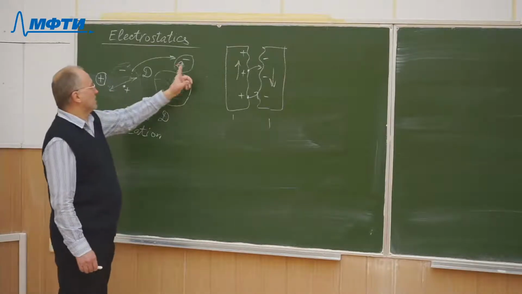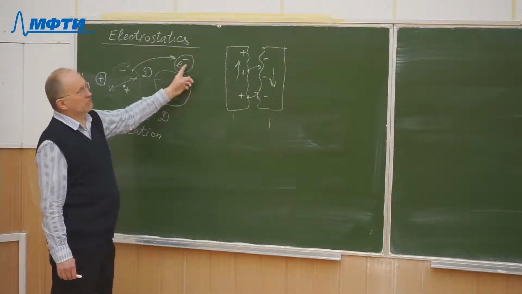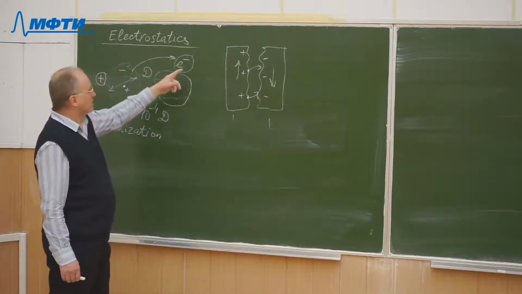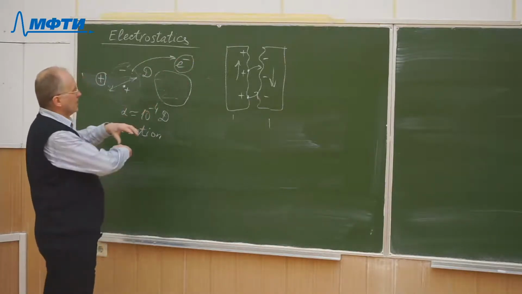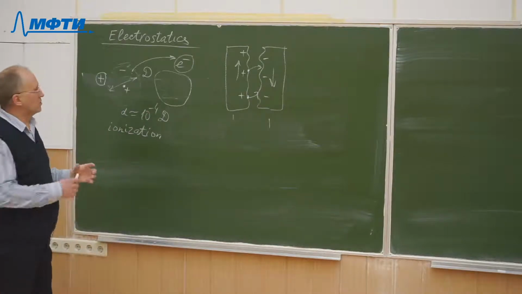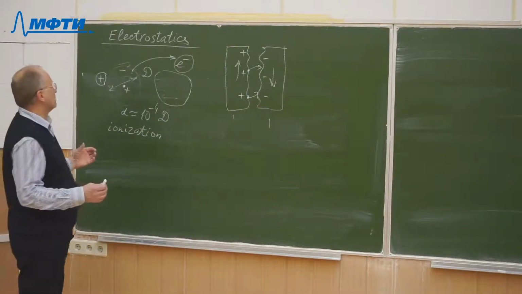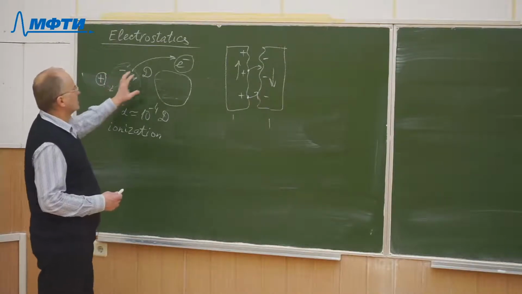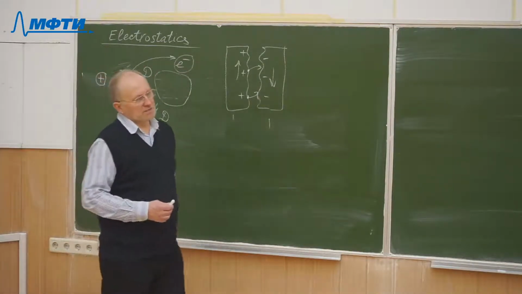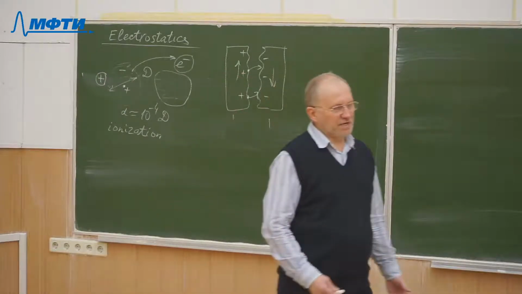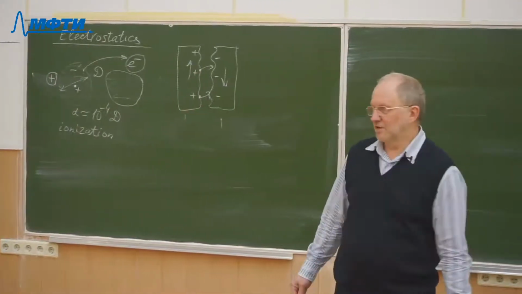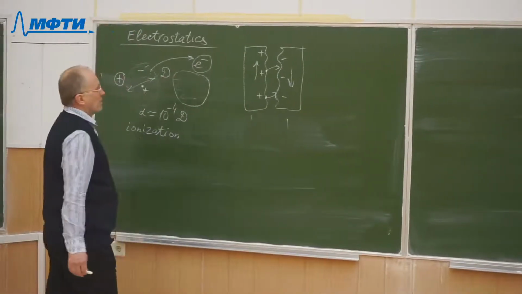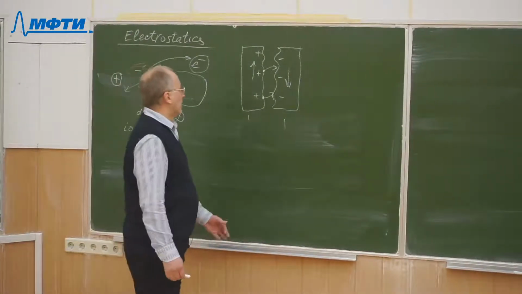Another ion will be a negatively charged molecule of water with the electrons stuck to it. So in a water solution of different substances, we will observe positively charged ions and negatively charged ions. So there are many possible ways to take an electron out of an atom, and in this way to electrify some portion of matter, some body.